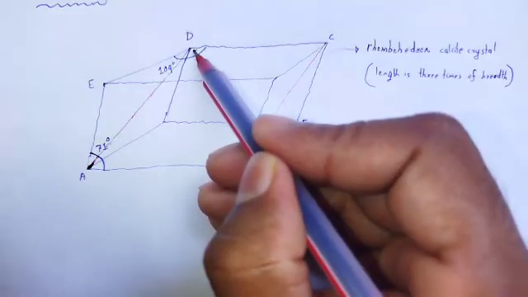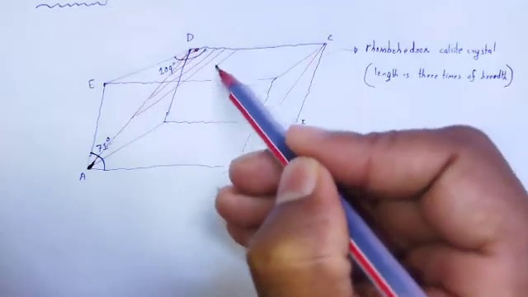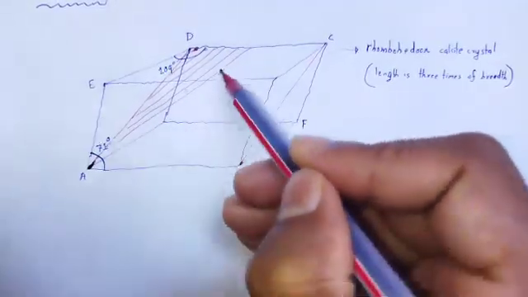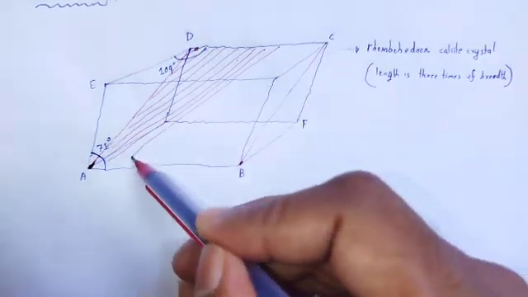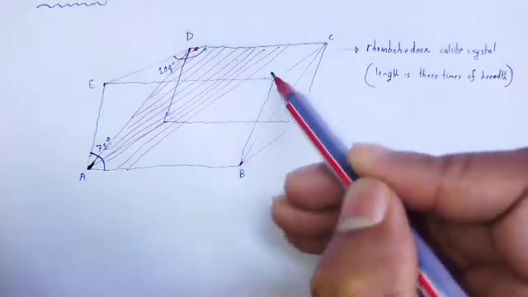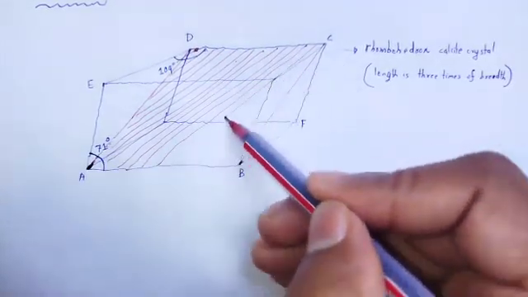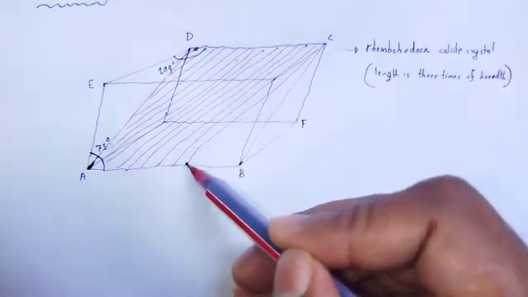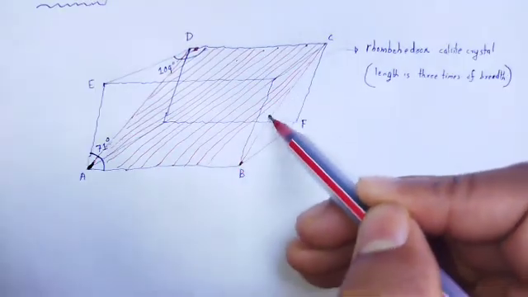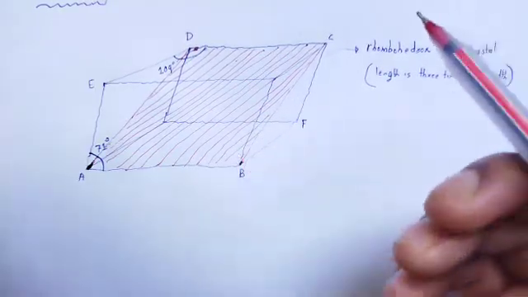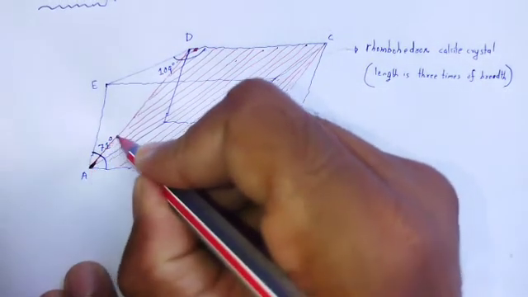So the section under this, that red shaded region, is our principal section.